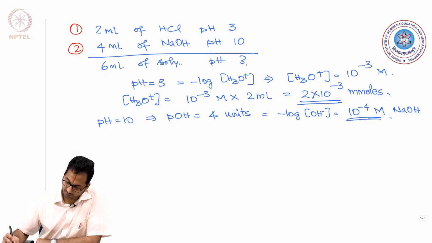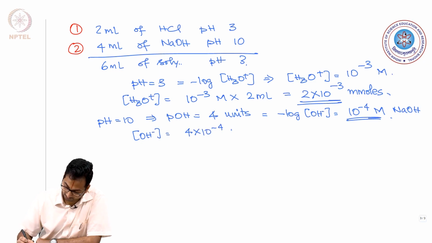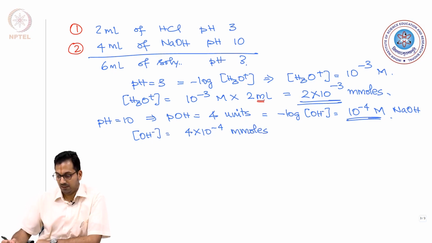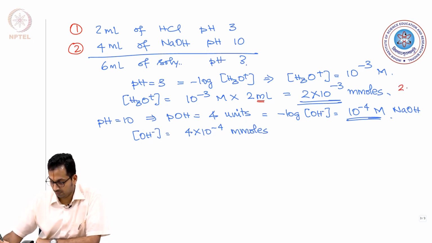So, if 10 power minus 4 is present, how many millimoles of OH minus is present? That is going to be 4 times 10 to the power minus 4 millimoles. Of course, I am writing millimoles because you are using milliliter here. So, this can be rewritten as 2 micromoles.